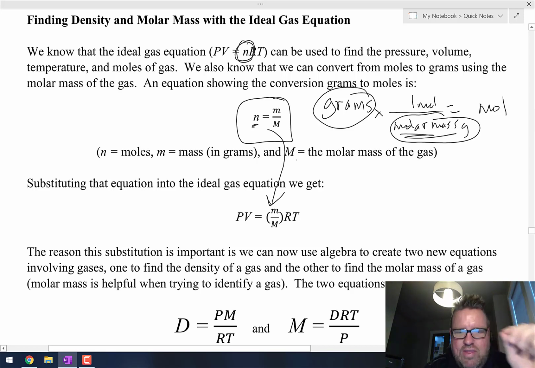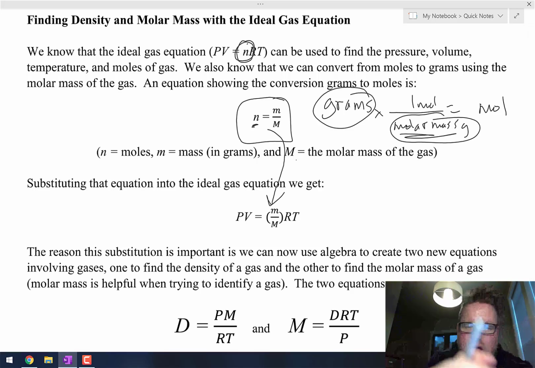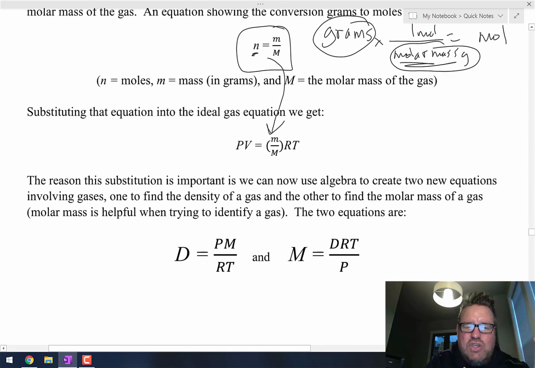And the reason that's important is because if we do some algebra and move some things around, we actually can find two different things. Okay, one of the things we can find is when you calculate the density of something, you probably remember this from middle school, but that's the mass over the volume.